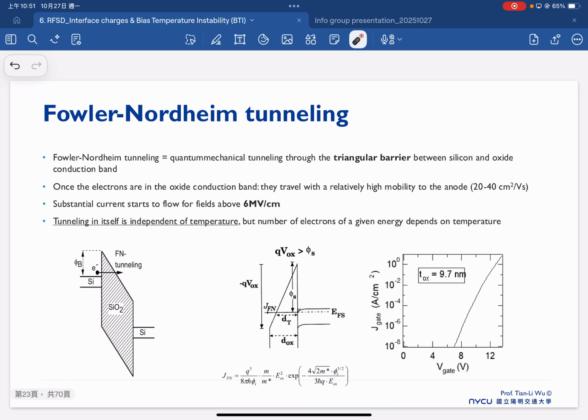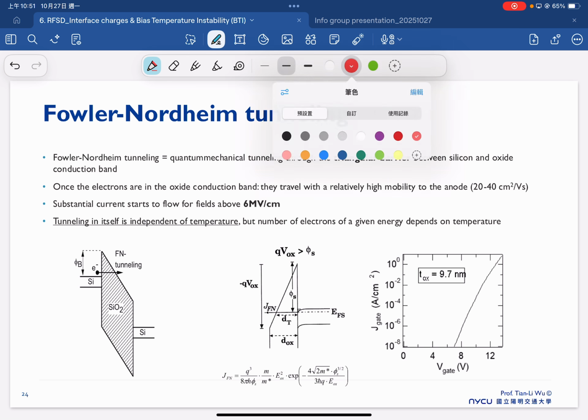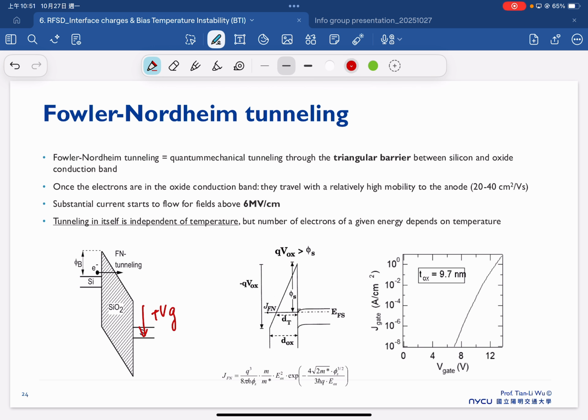The first one is FN tunneling. The idea for FN tunneling is very simple. As long as we apply a positive gate bias in this region, we start to pull down our band diagram.